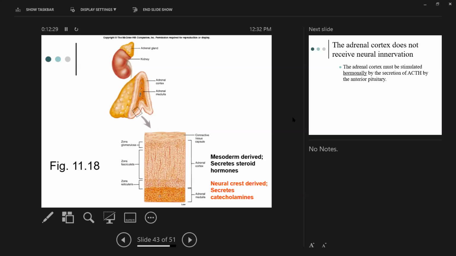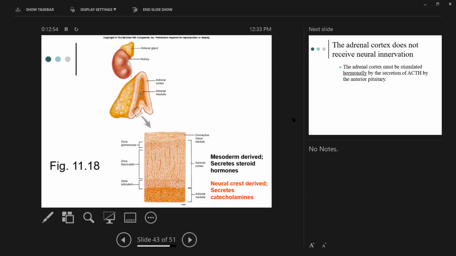Mineralocorticoids regulate salt, sodium, potassium concentrations, minerals, if you will. Glucocorticoids, what do you think they regulate? Sugar, energy, that sort of thing. They do more than that, but yeah.